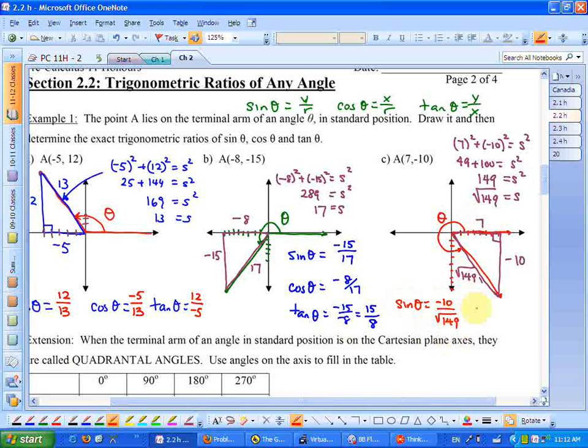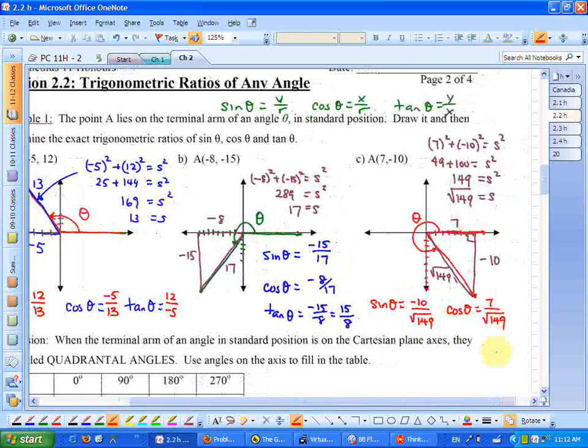Cosine theta for this one would be x over r. The last thing I have for you is tangent theta, which is y, which is -10, over x, which is 7. Okay?